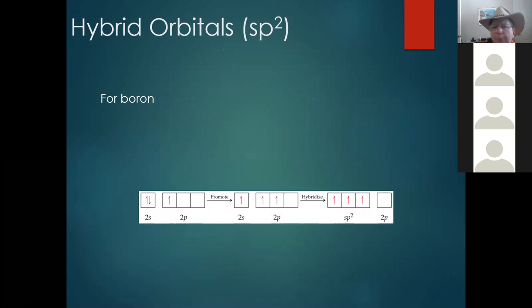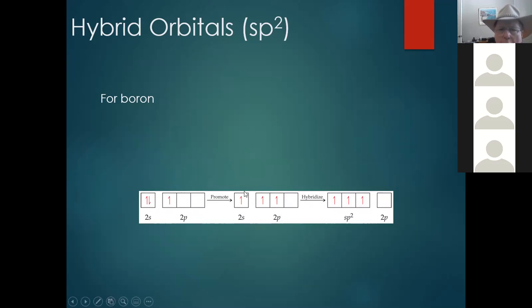So if I'm dealing with boron, this is how I would draw the atomic orbitals for boron. The first thing you do when you're doing a hybridization orbital diagram is promote one of the electrons. That means I have 3 orbitals now that can be involved in bonding.